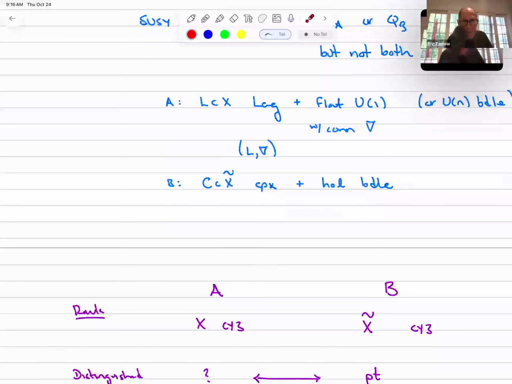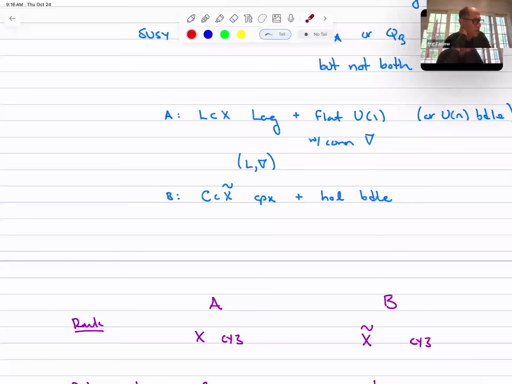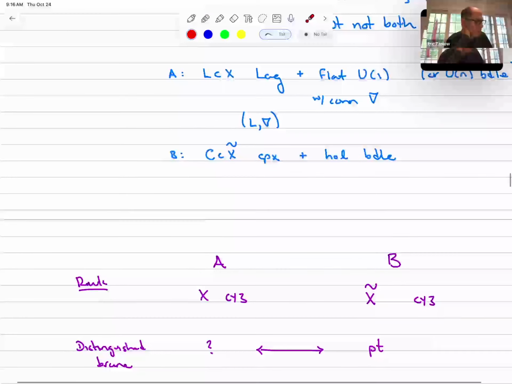That's a simple statement that has some profound consequences. So let me review that. Suppose I have a mirror pair, X and X twiddle. I can consider A or B on either side. So let me consider A for the moment on X and B for the moment on X twiddle.